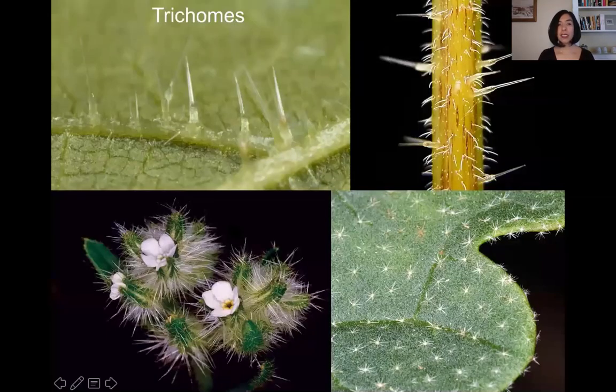Another type of defense at the cellular level is trichomes. Remember, a trichome is an extension of the epidermal cells, and they look kind of velvety. Some of them are soft for us, but for insects, they can be deadly.